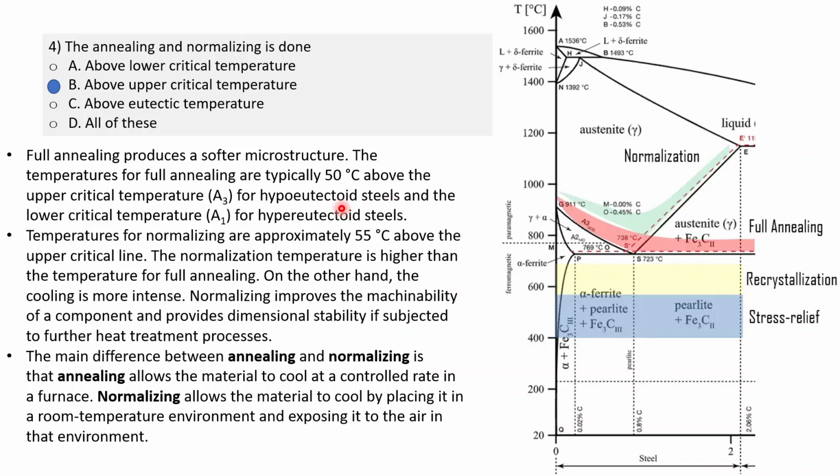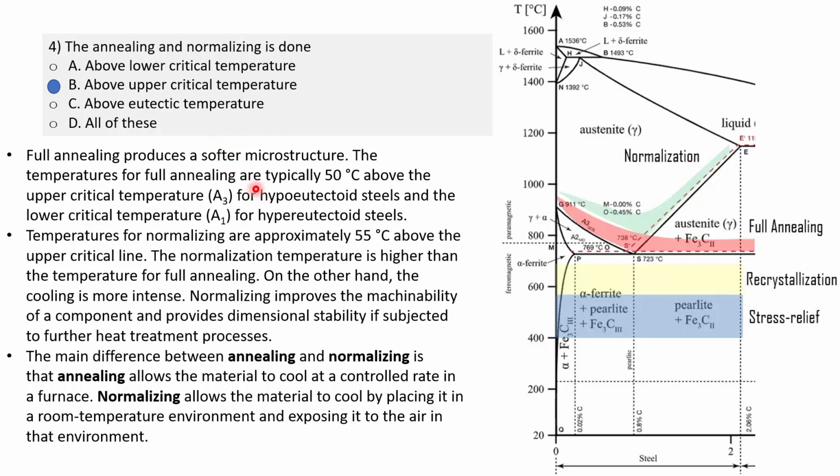So here for the hypoeutectoid, you are heating above A3. A3 is this line where your proeutectoid ferrite and pearlite entirely convert into the austenite, and here the ACM line is where proeutectoid cementite converts into the austenite.